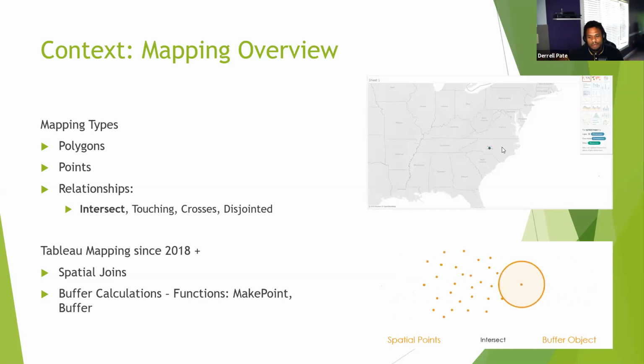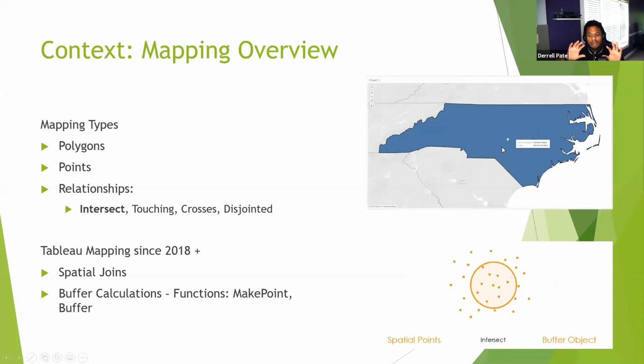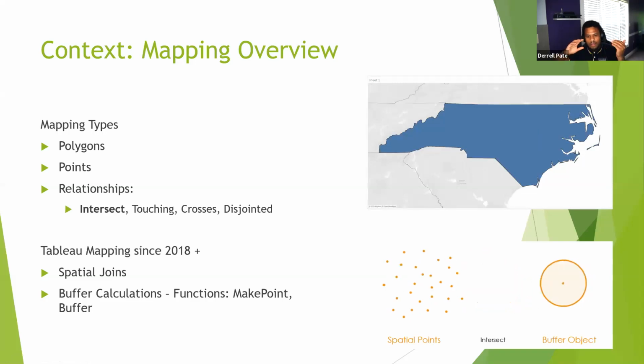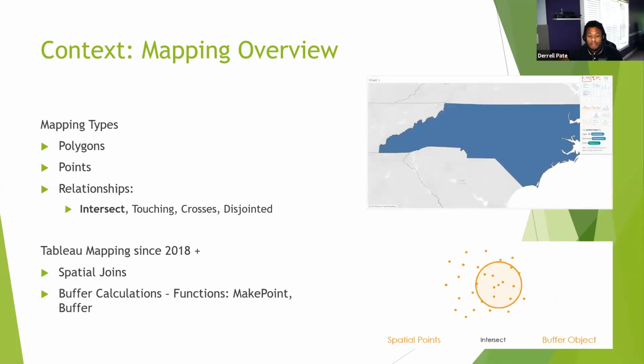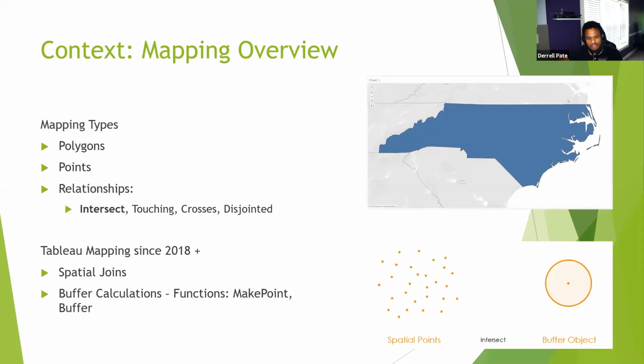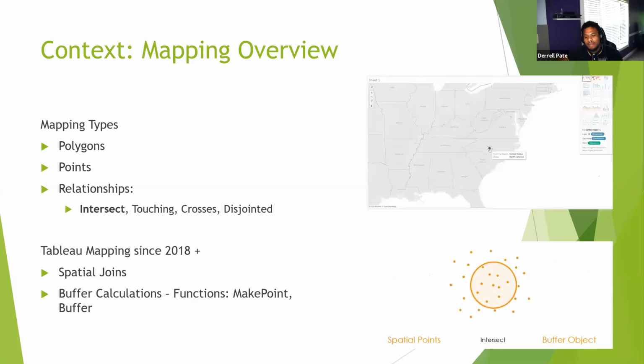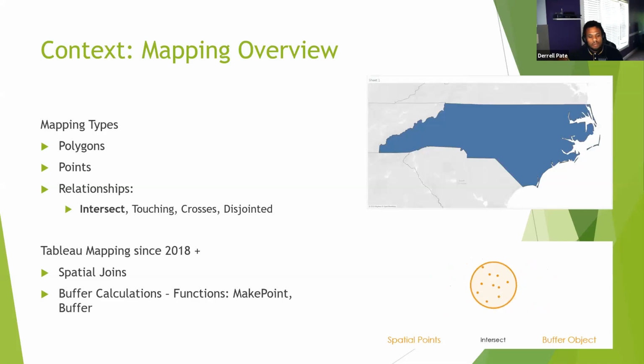So you can see in my GIF here, North Carolina as a state, there are bounds, and those bounds have relationships. They can touch other states. They could cross, but we don't have states that cross. They can be disjointed. So North Carolina is not in any relation to California. However, it has a touching relationship to South Carolina.